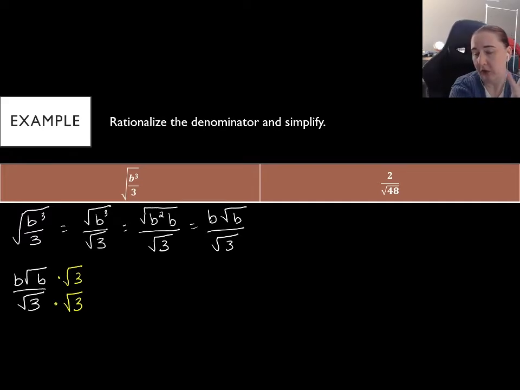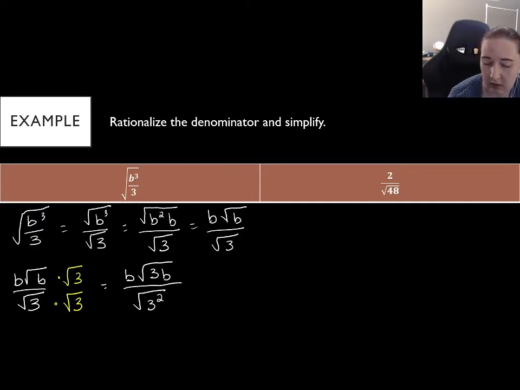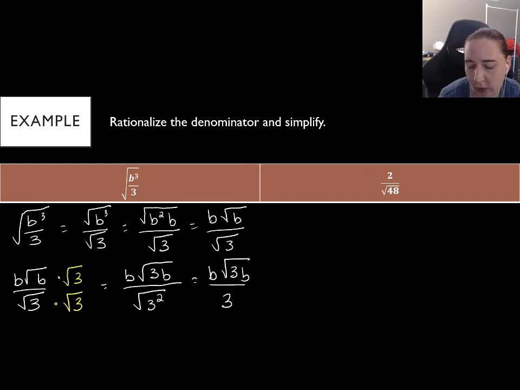Now, I'm going to use the product rule in reverse and combine my 2 radicals, the square root of b and the square root of 3. And so that's going to give me b times the square root of 3b. And then in the denominator, the square root of 3 times the square root of 3, that's the square root of 3 squared, which then gives us b times the square root of 3b over 3, because the square root cancels out the square.